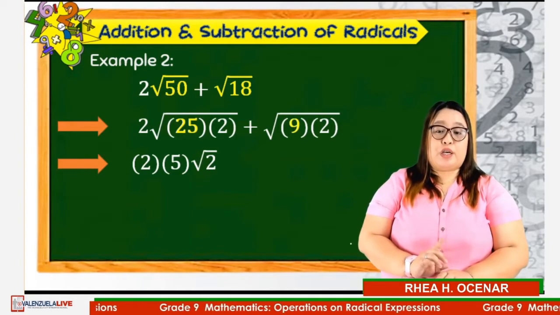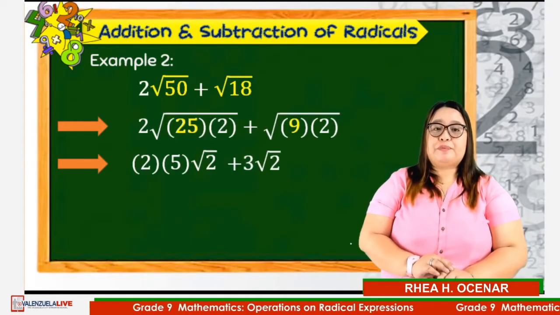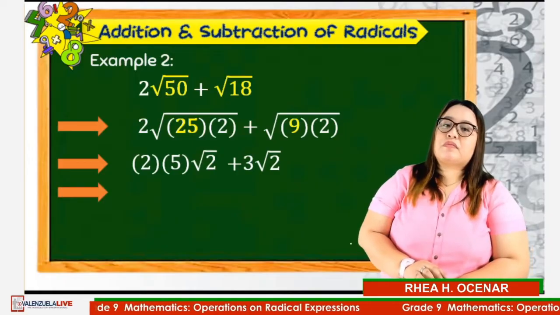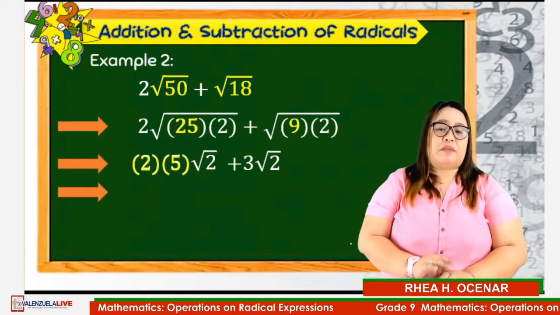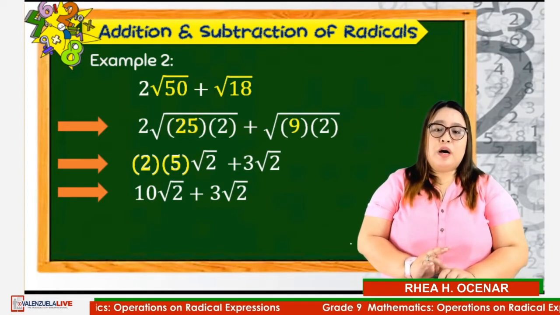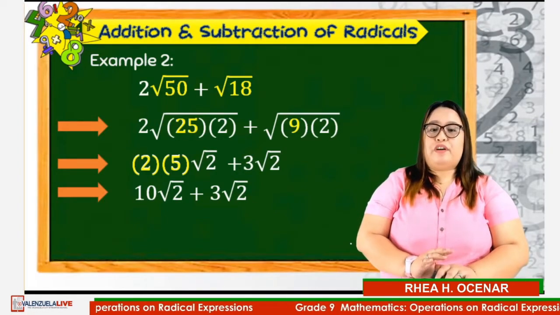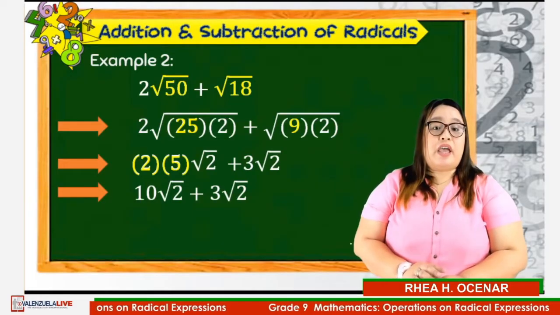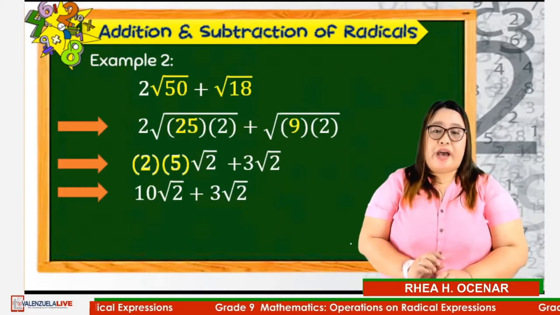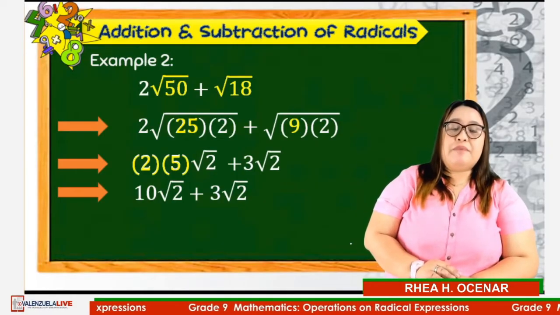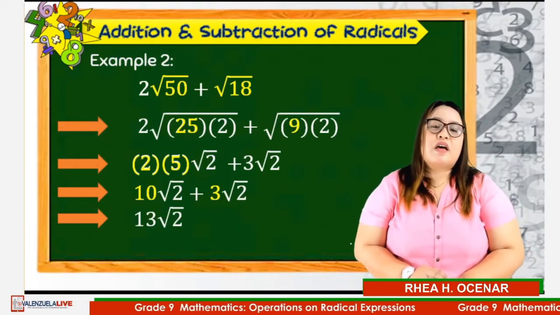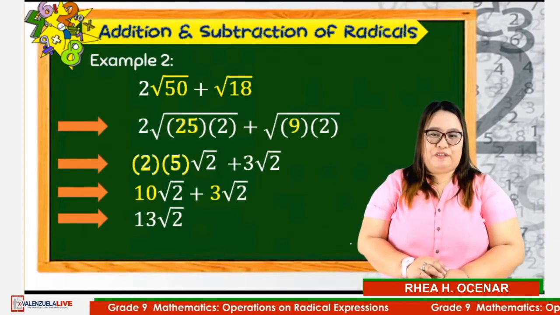By simplifying square root of 9, we have 3 square root of 2. 2 times 5, we have 10 square root of 2 plus 3 square root of 2. They are like radicals. So, we combine the coefficients and it becomes 13 square root of 2.